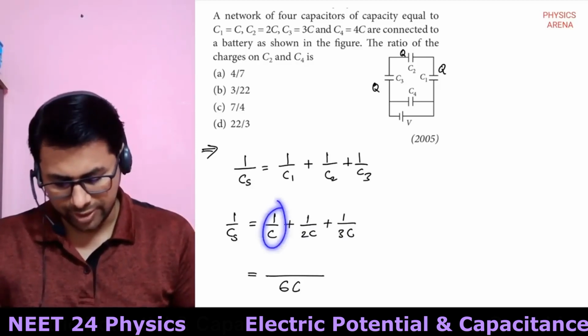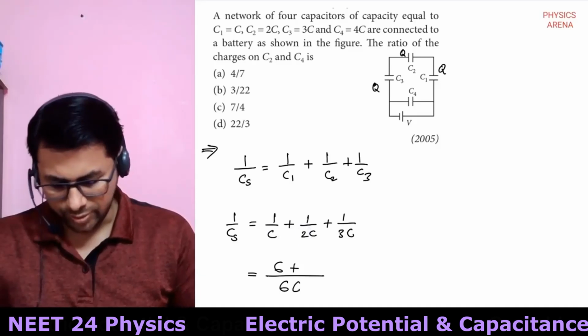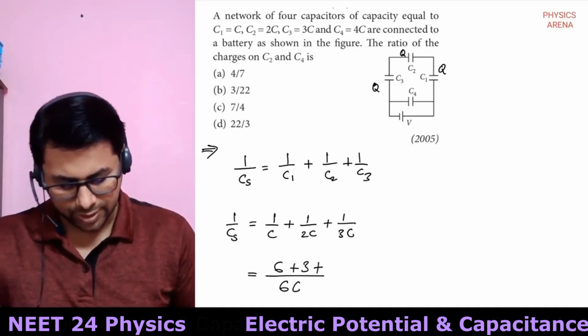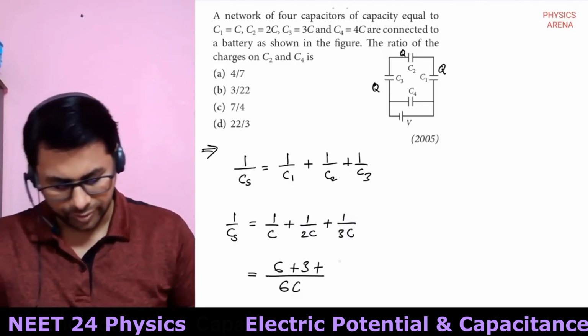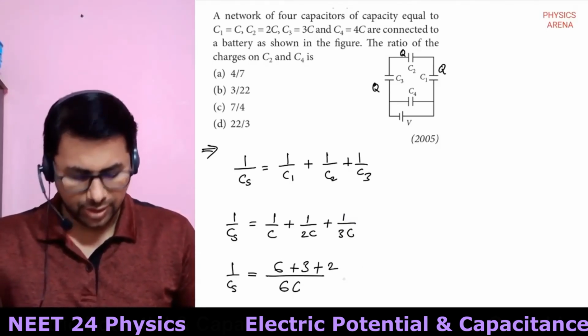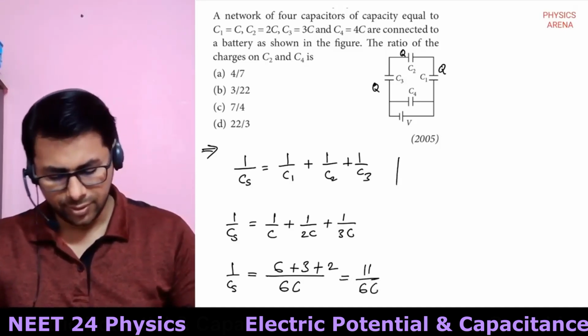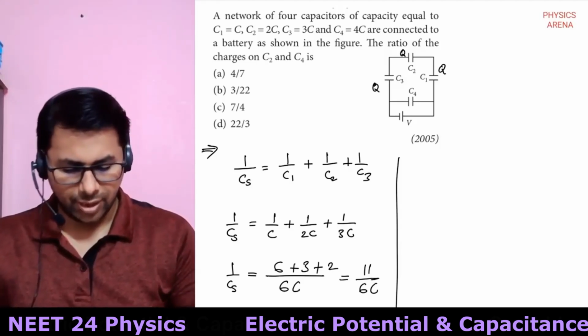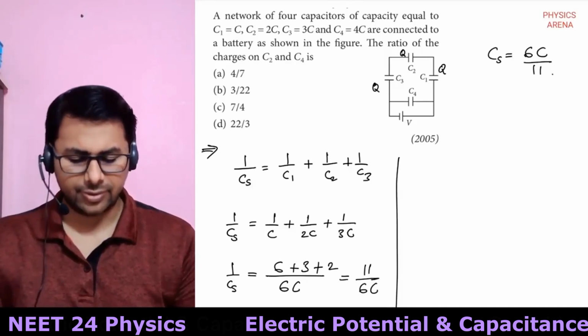So this has to be multiplied by 6, this one by 3, because this is 2, and this one by 2. 2 times 3 is 6 and this will be 2. Okay. 6 plus 3 plus 2, how much? 11. 11 by 6C. Okay. Now how much would be CS then? CS is equal to 6C by 11.